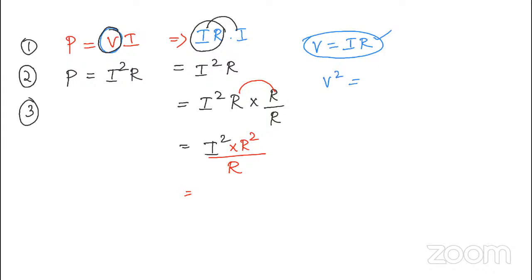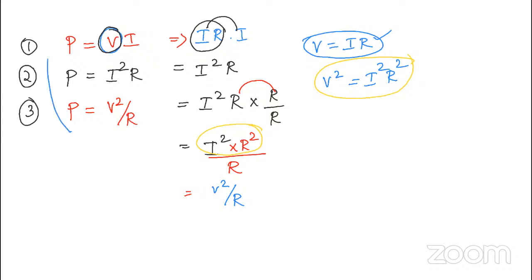It is I square into R square. So we can write that as V square. V square by R. So simply we write P is equal to V square by R. These three formulas are very, very important for calculating the power value.